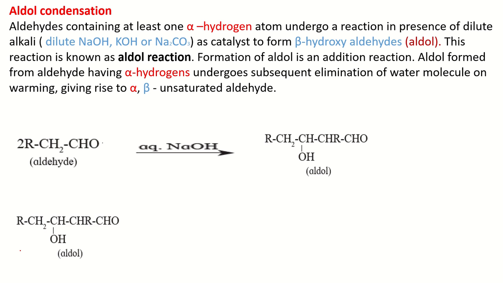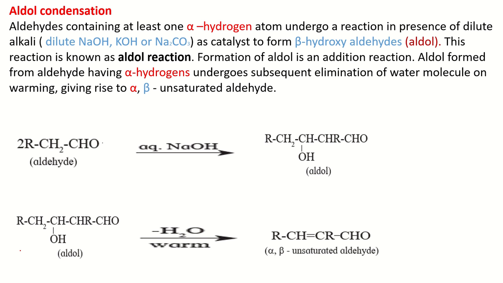And after heating, means this aldol is further heated, it gives alpha beta unsaturated aldehyde. This is called alpha beta unsaturated aldehyde.